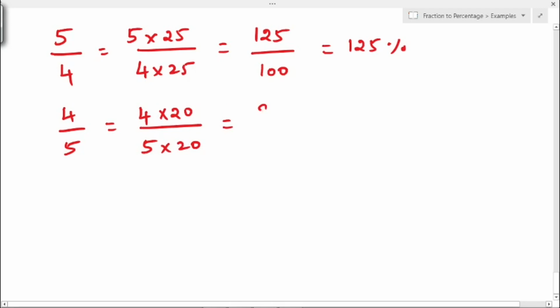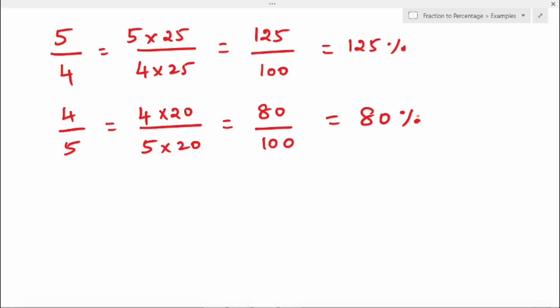In the numerator we have 80 divided by the denominator 100. So the answer is 80%. So instead of dividing 4 by 5 and then multiplying with 100, we convert the denominator value to 100. Then we get the percentage value easily, right? So the 4 by 5 percentage value is 80%.